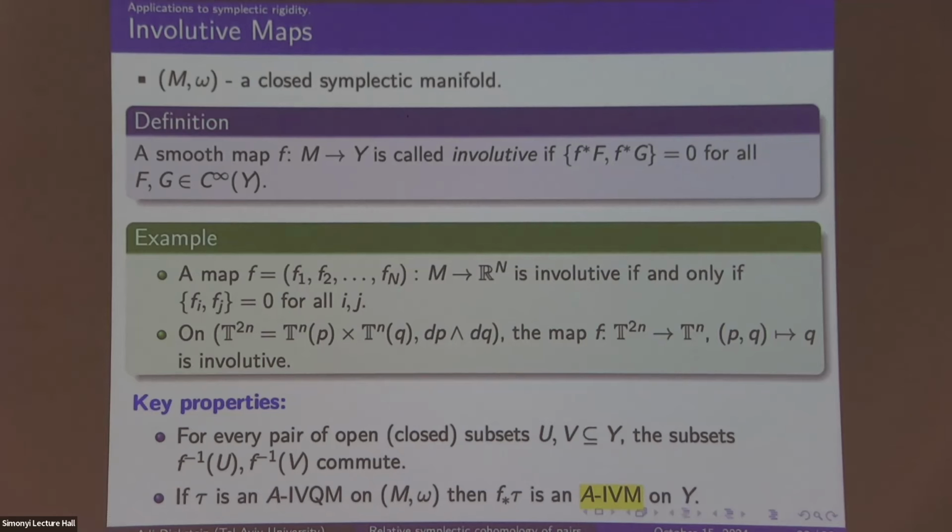For the push forward, we take tau of the pre-image. So for any two sets in Y, their pre-images commute, then using the quasi-multiplicativity, we get that the push forward is multiplicative.